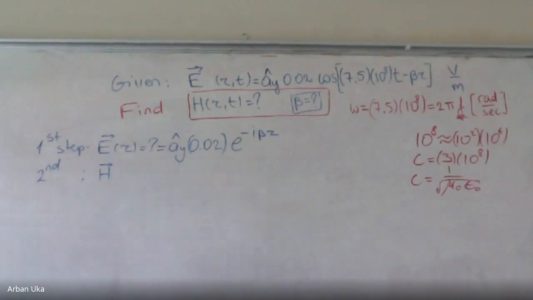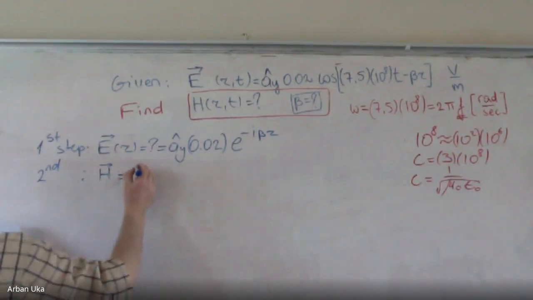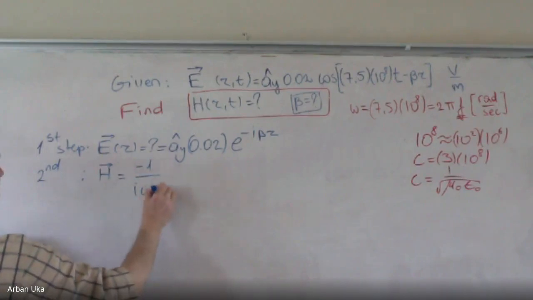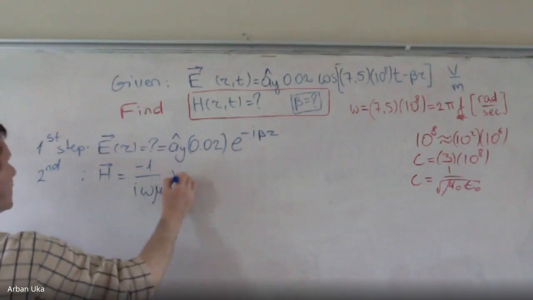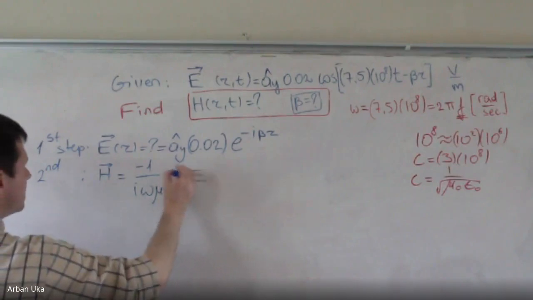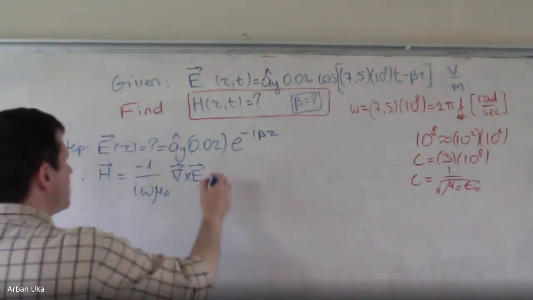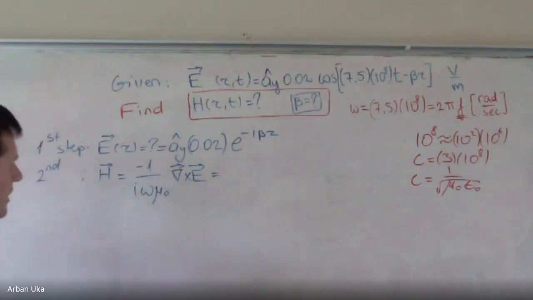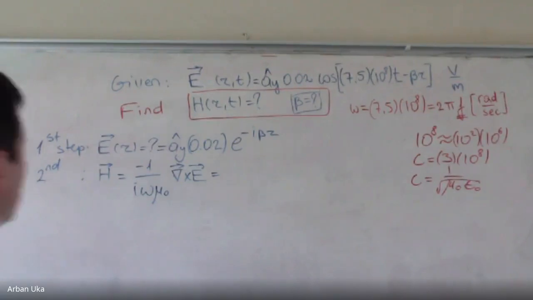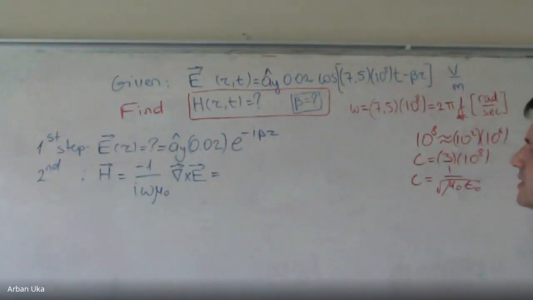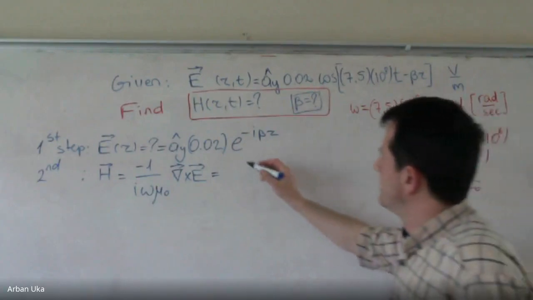And H, in the phasor notation, can be written as equal to minus 1 over j omega mu 0, the curl of E. The curl of E, we need to identify this one.